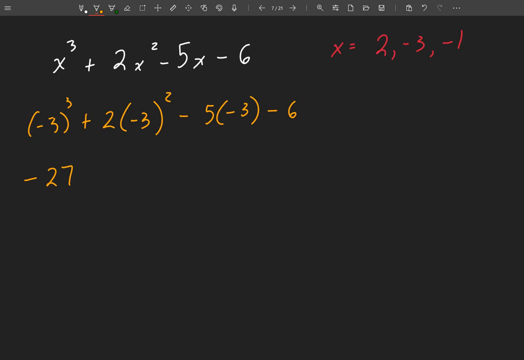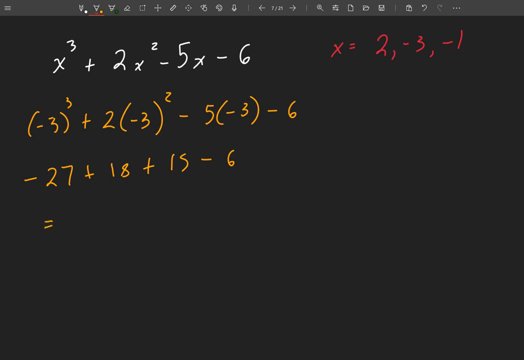Something else that I see a lot of times people forget, they know, but when you don't have much practice with it, sometimes we forget that when you do terms like this, you have to do the exponent first, right? So -3 times -3 is +9, times 2 is +18. And now I have a -5 times a -3, which is a +15, and then -6.